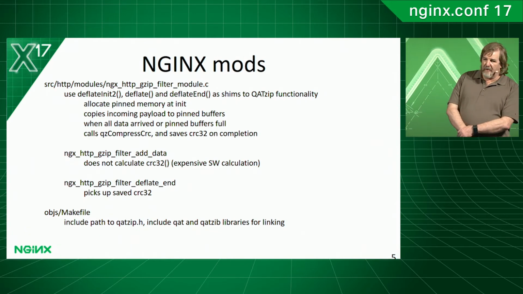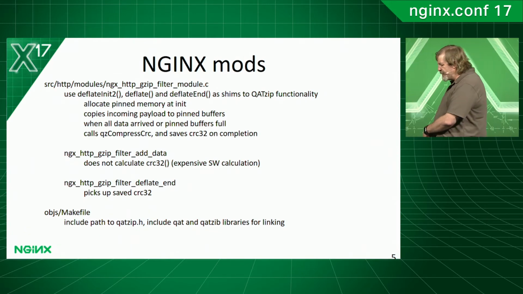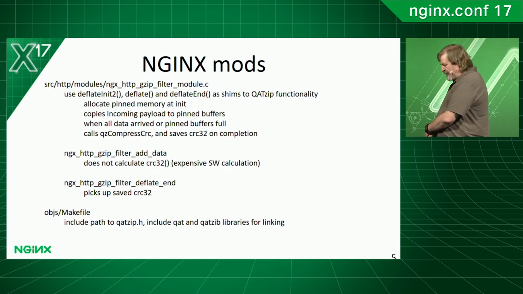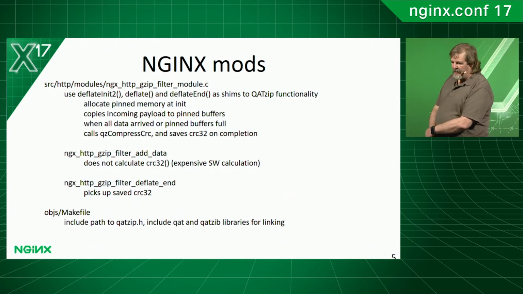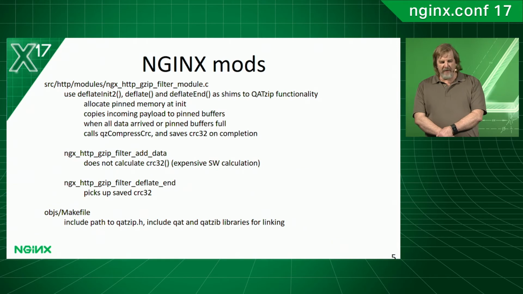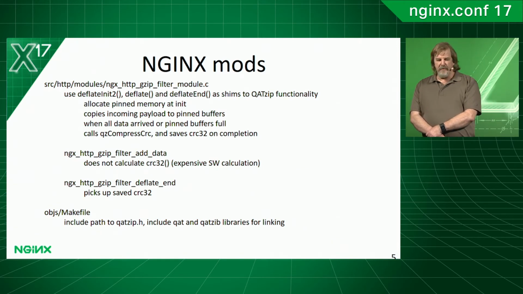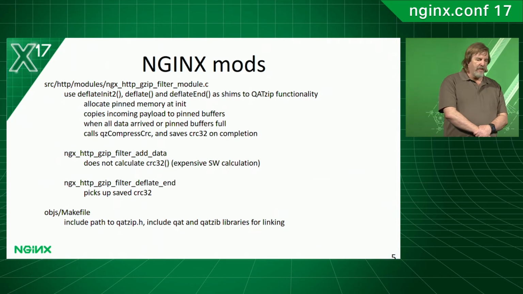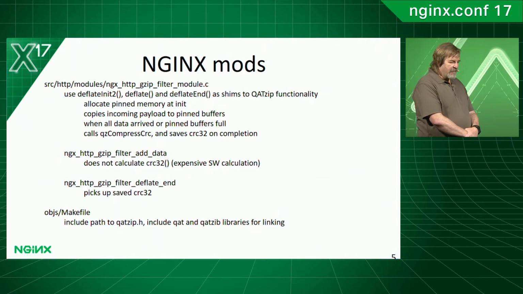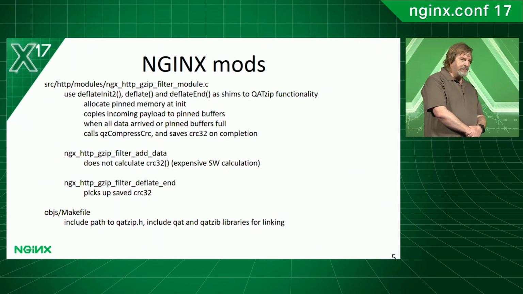And the hardware produces the CRC. So the next thing that we did is we modified it so that rather than calculating the CRC, it would just take it from the underlying calls. And that gave us a big chunk of performance improvement as well.